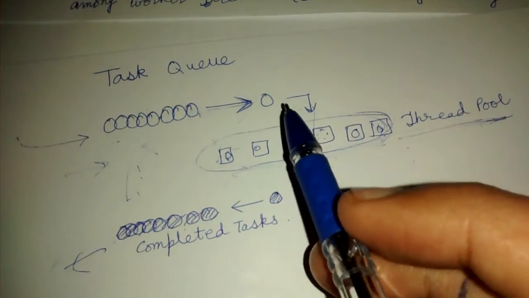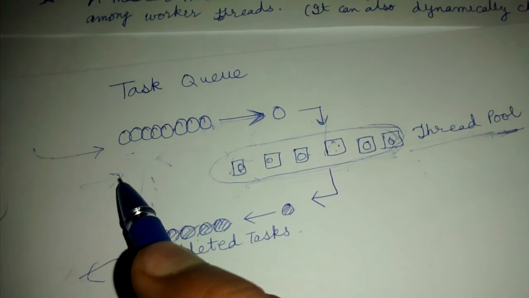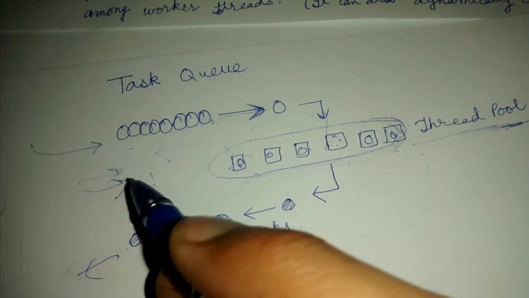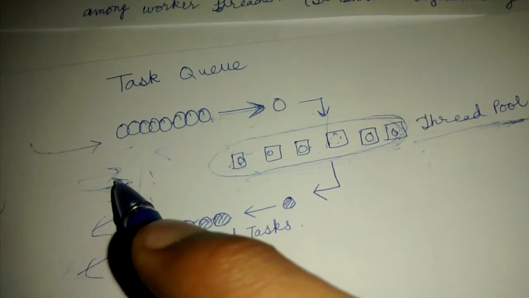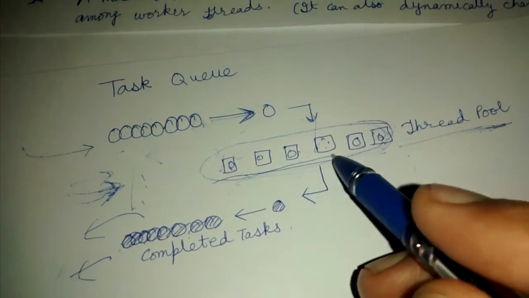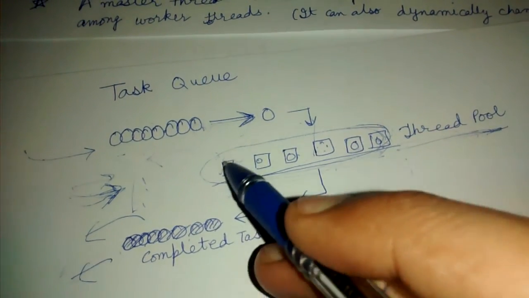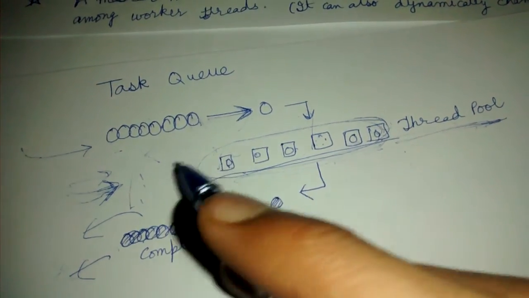So it also takes care of getting the requests and replying to the client. So those things are handled by this master thread. So basically worker threads are focusing on executing one task, nothing more than that.